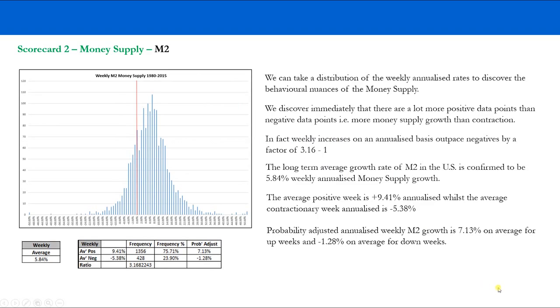Now let's have a look at these statistics in a bit more detail. As you've seen, we've taken a distribution of weekly annualized rates, and we're trying to discover the behavioral nuances of the money supply. The first thing we've discovered is that there are a lot more positive data points than negative data points. So more money supply growth than contraction.